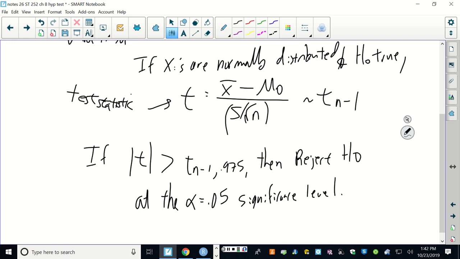The conclusion then is that mu 0 is not plausible, and you better think of it as being different. And so this 0.05 and this number here, where you get that cutoff, are very much related. This is saying 2.5% on the upper end, 2.5% on the lower. So you're setting a standard that says you have to be out that far, and you're dividing up the 5% into the two tails, and so that's your level.